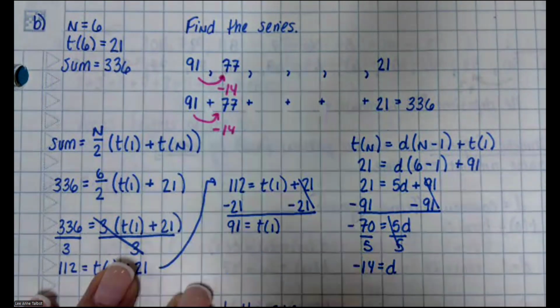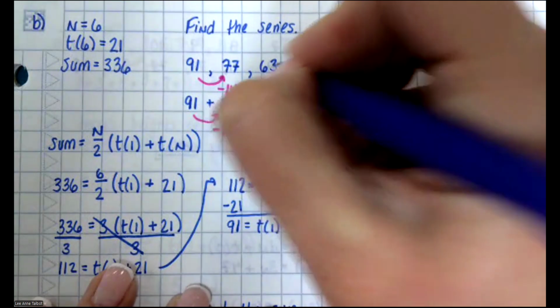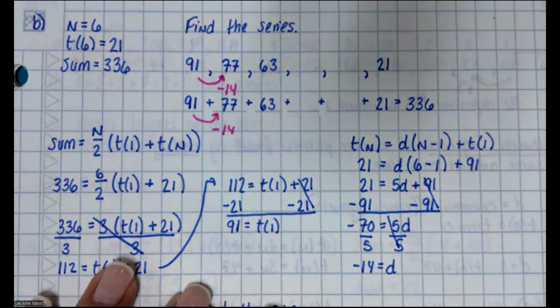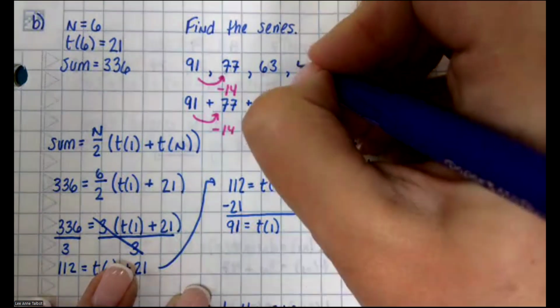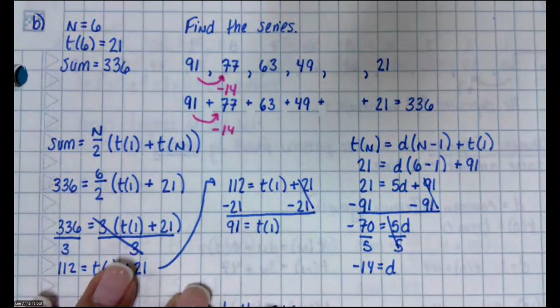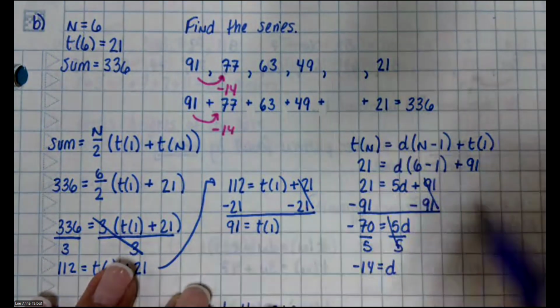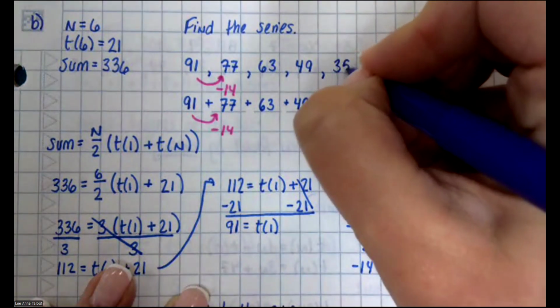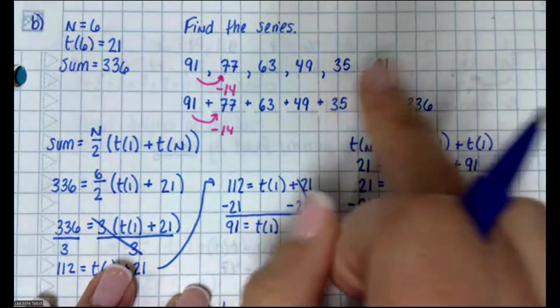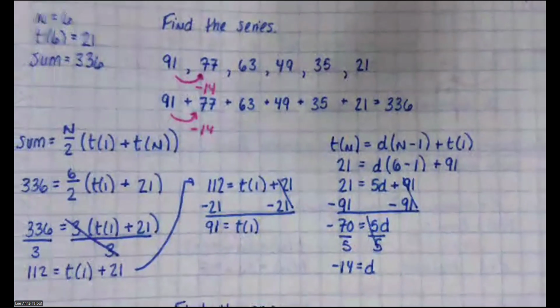Minus 14 is 63. Minus 14 is 49. Minus 14 is 35. And then the moment of truth is when you go minus 14 and make sure that that matches.